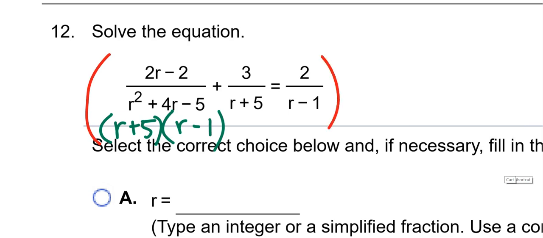Yeah, that is true. Okay, tell me what the common denominator is that we're going to multiply everything by. R plus 5 times R minus 1.